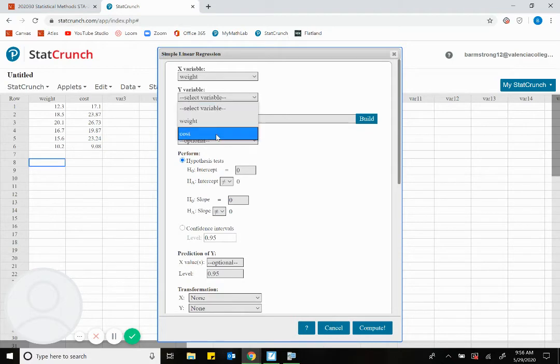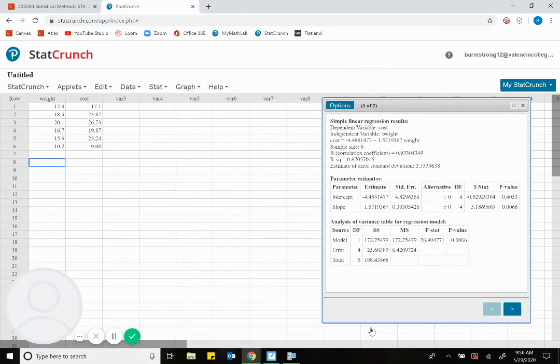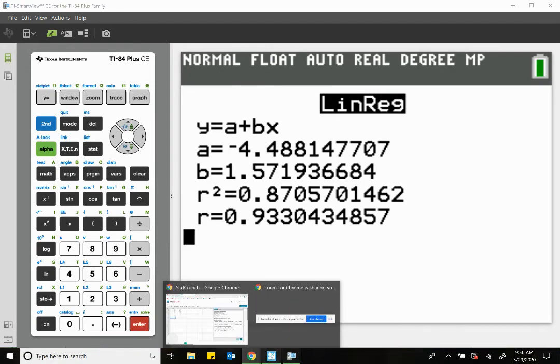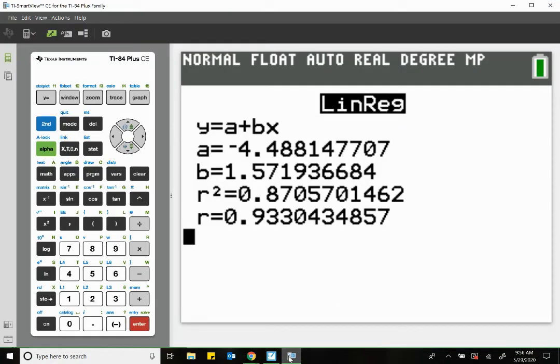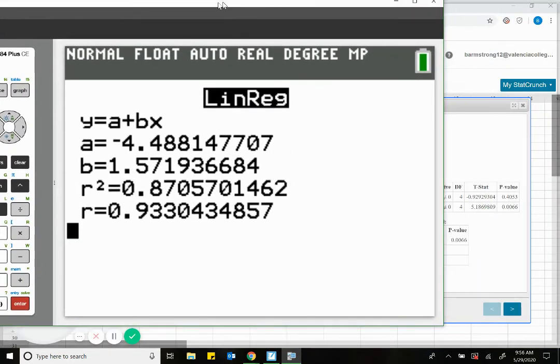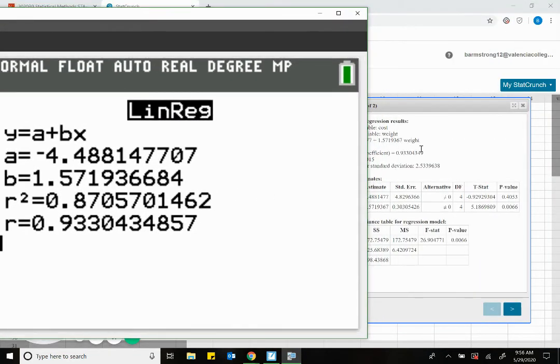Weight, cost, compute. There we go. That looks better. Let's look at, sorry, I'm going to make sure that this, oh, gosh darn it. All right. So 1.7519.